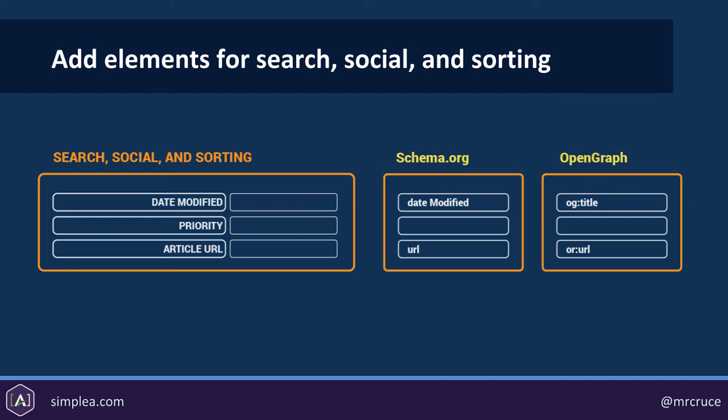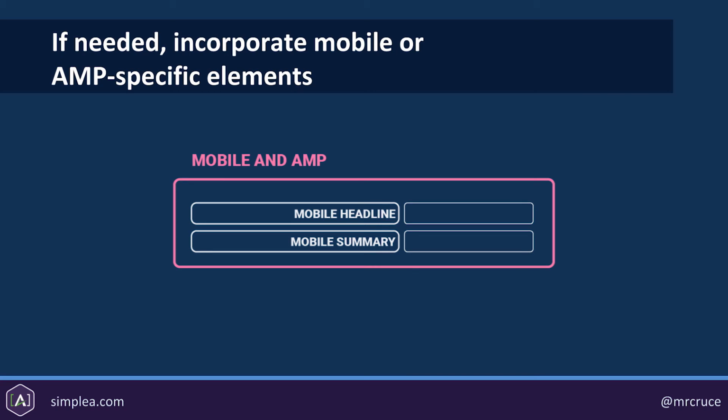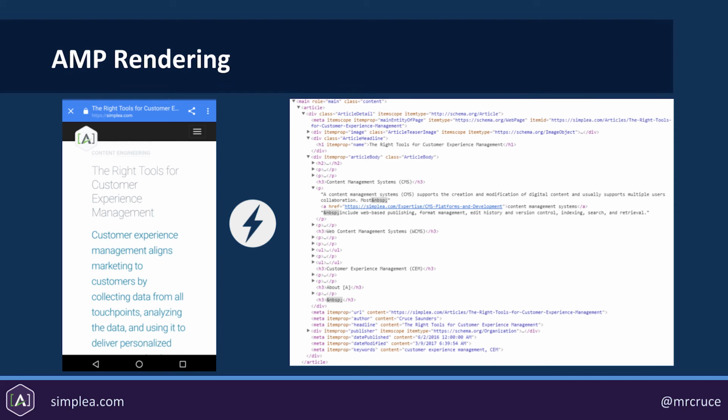Schema.org as a whole becomes a mix-in to our primary model. Then we can look at extending our model with things like mobile and AMP specific elements. AMP is, depending on who you talk to, of varying importance for mobile display of content, and there are specific elements that need to be included for AMP.